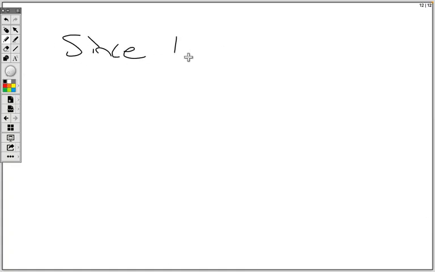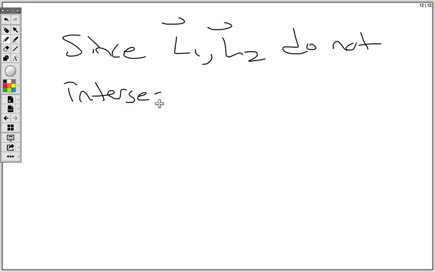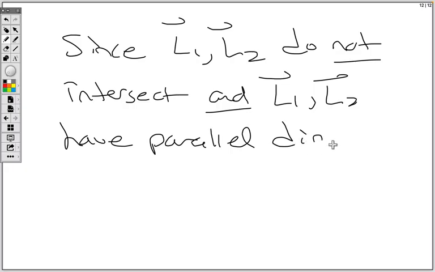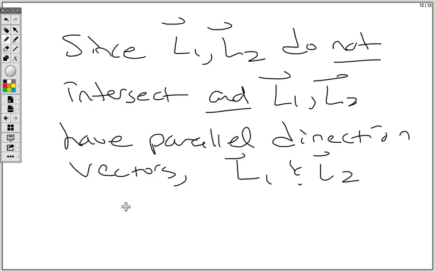So to put it all together, since L1 and L2 do not intersect, and L1 and L2 have parallel direction vectors, L1 and L2 are parallel. Okay? Make sense or not, folks?